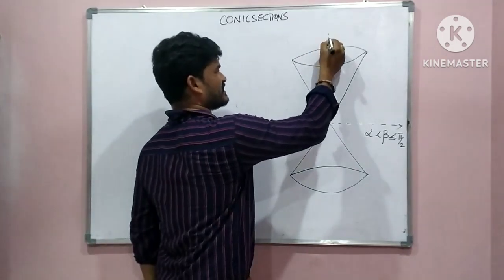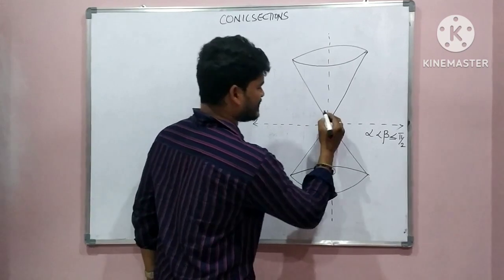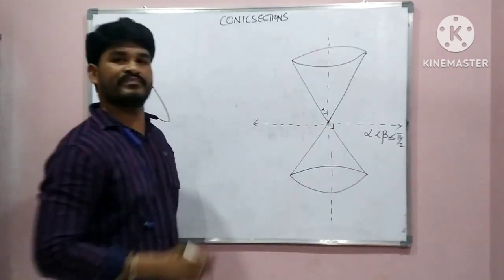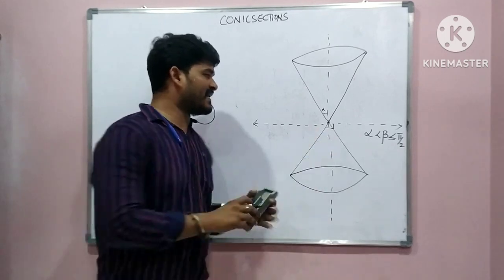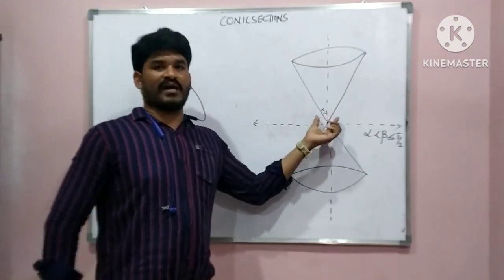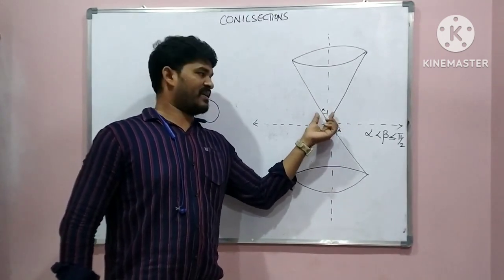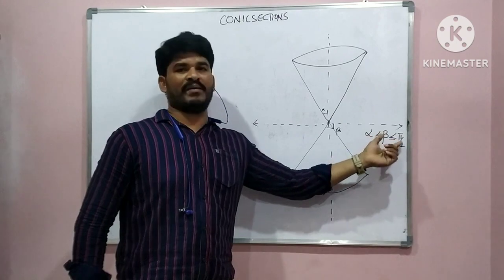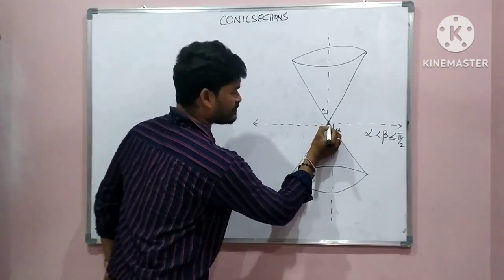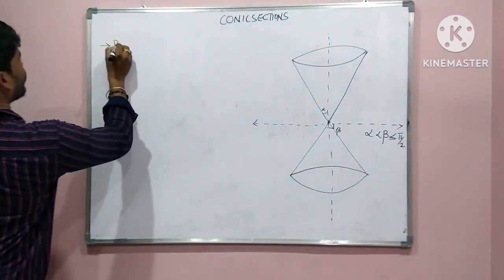These are the directrices, this is the vertical axis, this is alpha and this is beta. Here beta is more than alpha. We will get one point here.